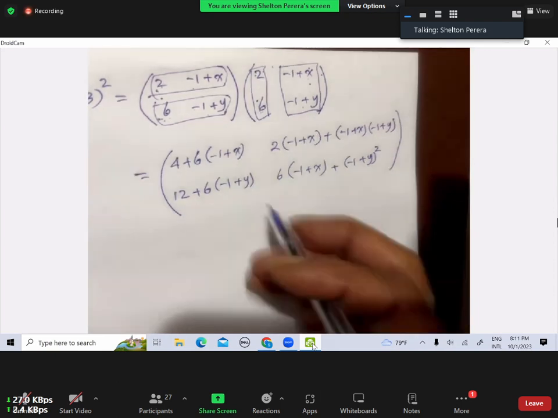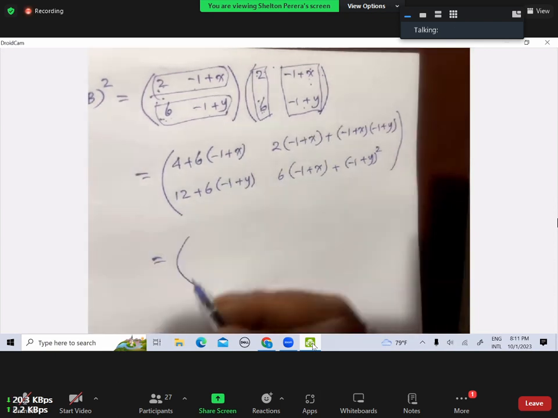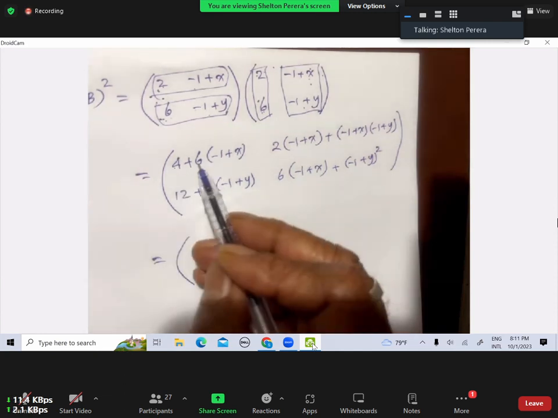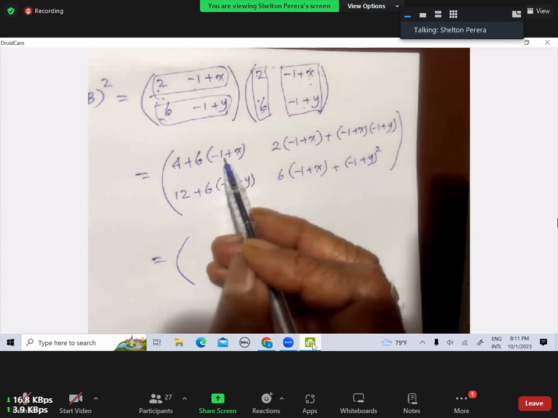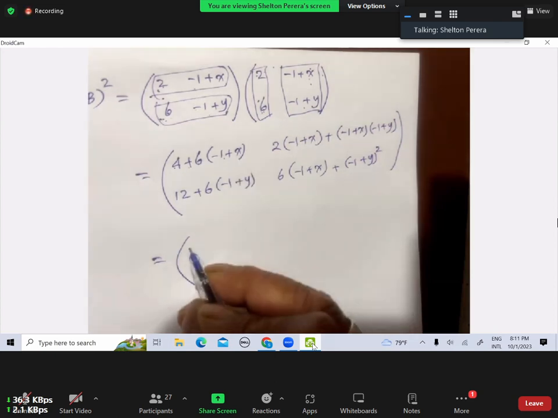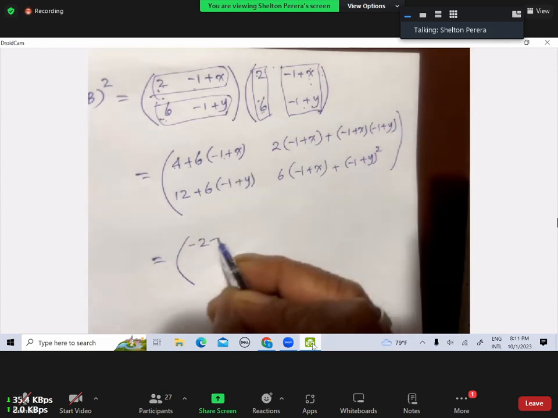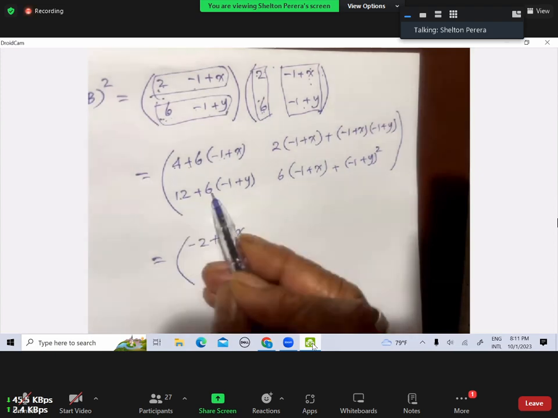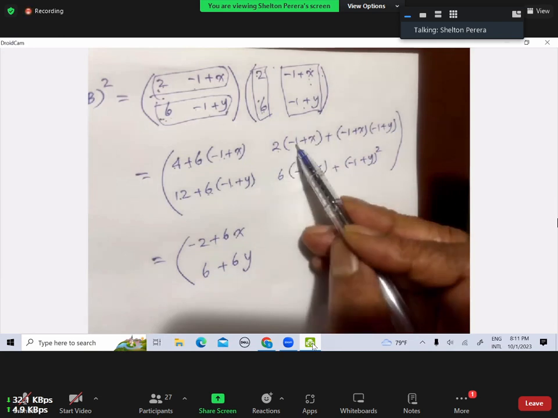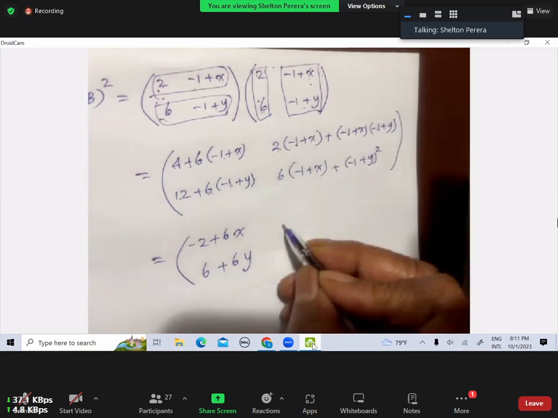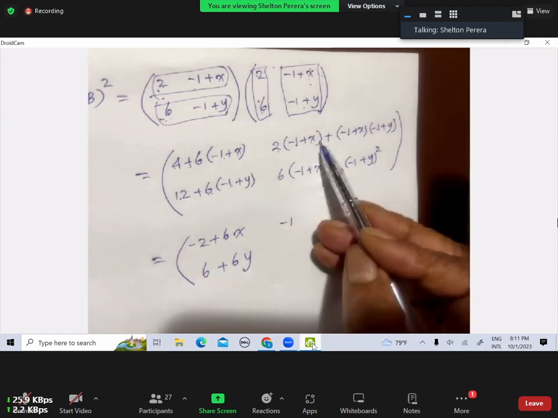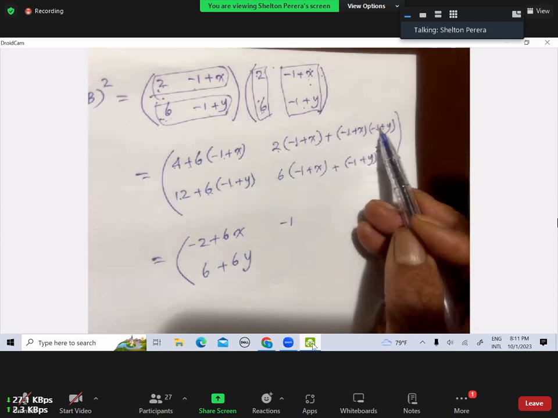This simplifies to 4 minus 6 plus 6x. 4 minus 6 is negative 2 plus 6x. Simplify plus 6y. Simplify this also. Negative 2. Then there is plus 1 coming from here, so it is negative 1. Then there is plus 2x, you get minus x there.